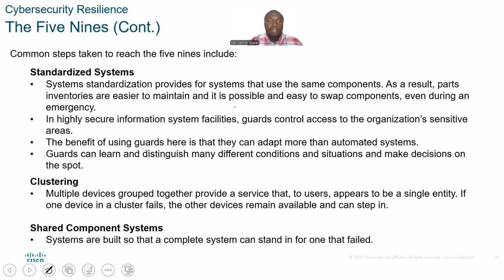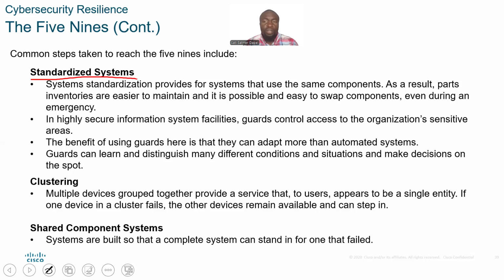So these are the few common steps that you can take to ensure that you have your 5 nines. Number 1 is standardized system. Now, what does this mean? System standardization provides for systems that use the same components.